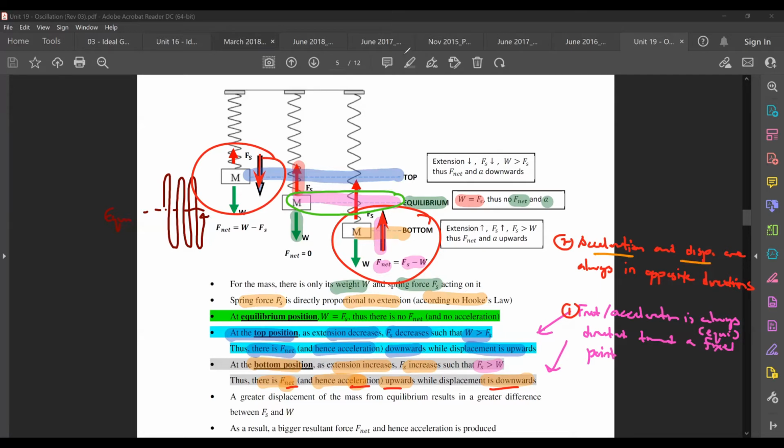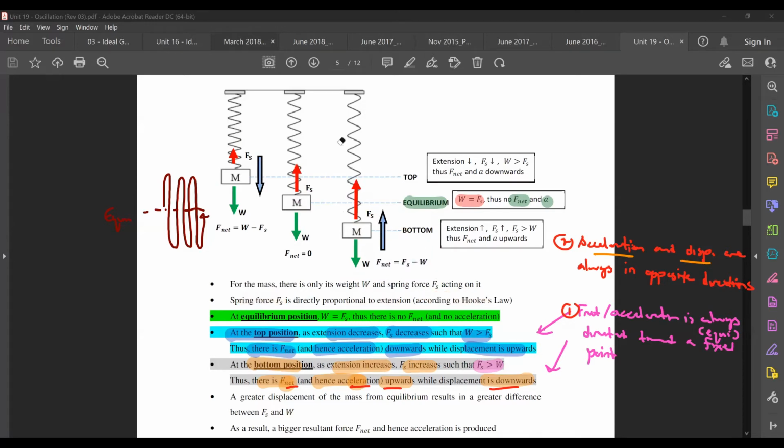So what I mean by that is, again, you look at your diagram. If this one is my equilibrium, let me just draw this line here. If you look at the bottom position, my displacement is downwards, but my acceleration is upwards.